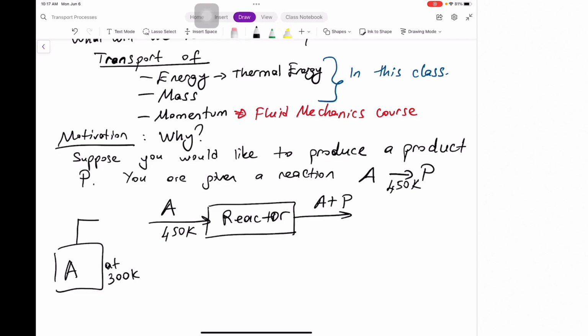You need to heat up the stream. You need to use what's called a heat exchanger to heat the stream. So you need to use some hot water or hot fluid or hot oil, and you cool down the oil to heat up the stream A.